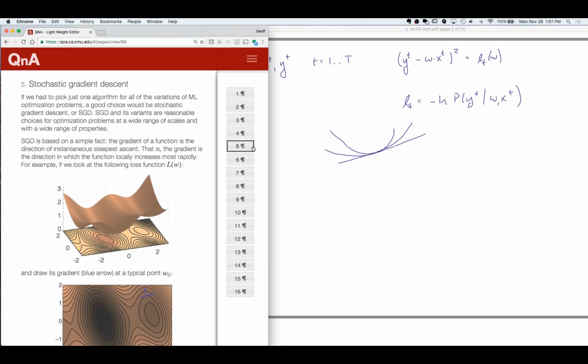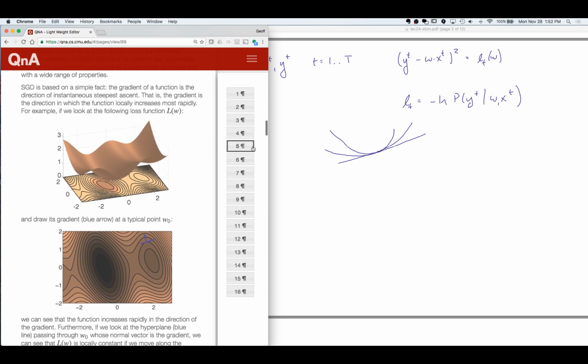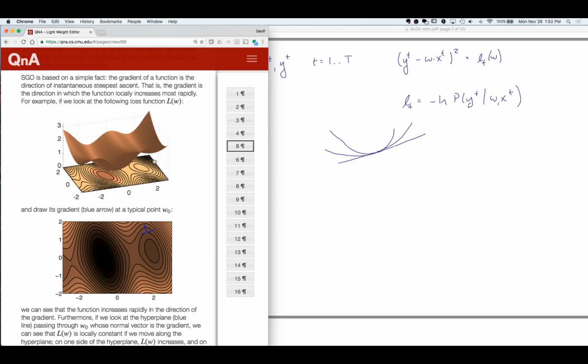There's a really simple fact about gradients, and gradient descent and stochastic gradient descent are based on that. That fact is that the gradient is the direction of instantaneous steepest ascent, meaning it's the direction locally in which the function increases as rapidly as possible. So let's have a look at a loss function. Suppose this were a loss function, right?